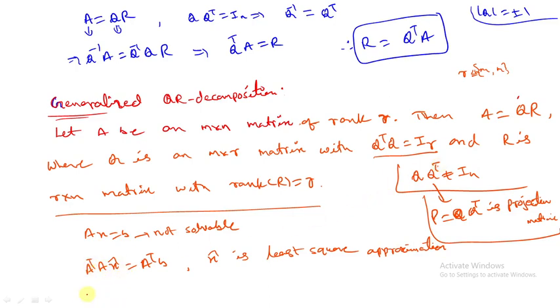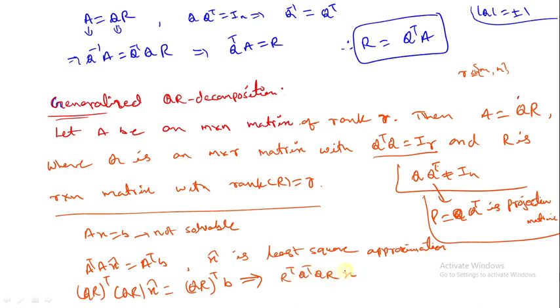A is QR, so A transpose A is (QR) transpose QR x hat equal to (QR) transpose B. That implies R transpose Q transpose QR x hat equal to R transpose Q transpose B. Q transpose Q is the identity. Left cancellation, R transpose cancels.